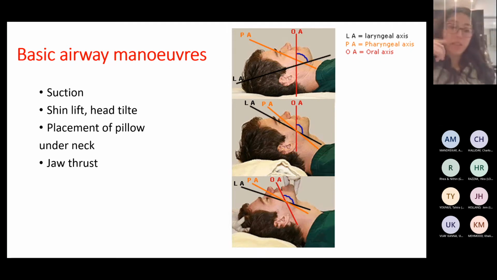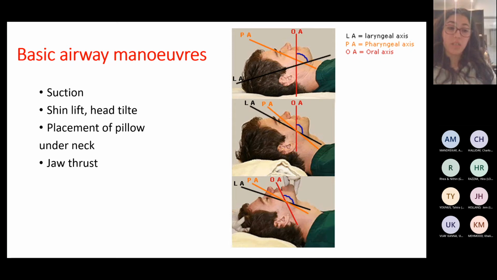Just bear in mind that you're not able to do these chin lift, head and neck maneuvers if you suspect your patient has a spinal injury. So you're limited with neck movements.